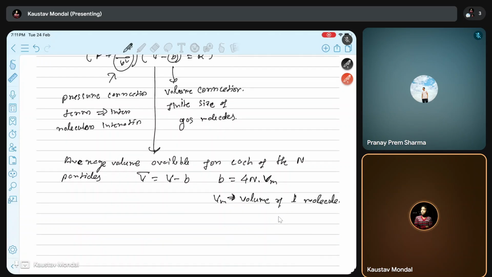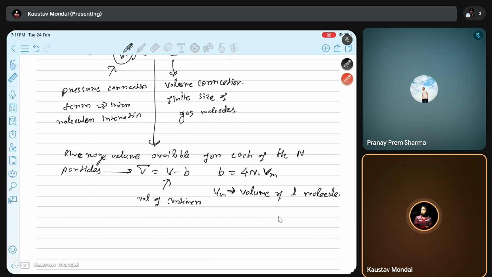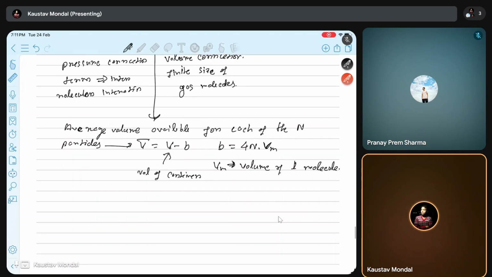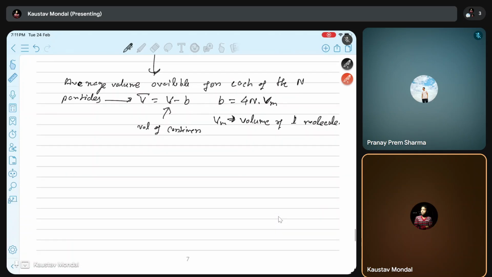Here V is the volume of the container. If you subtract b from it, this gives you the total volume that is available for each of the molecules. Now, in the container, these gas molecules are well distributed.